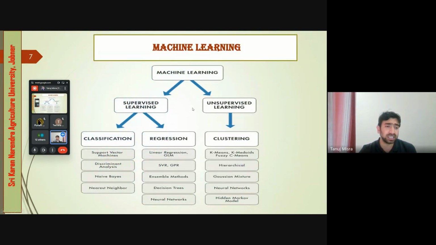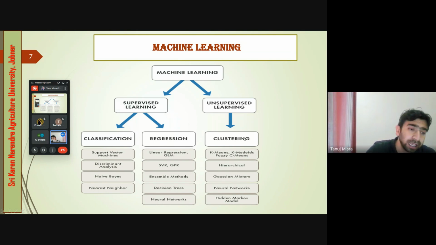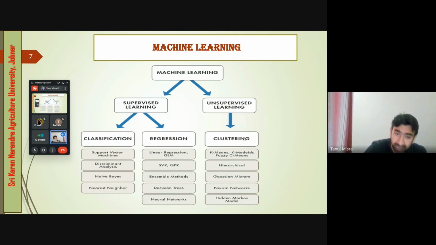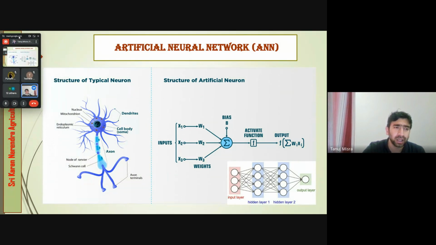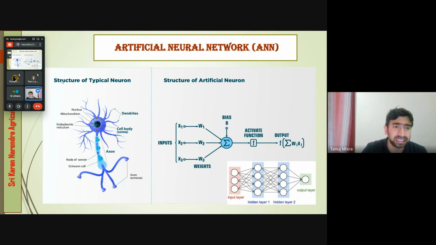So these are the basic technologies of machine learning: supervised learning, unsupervised learning. If someone is from a statistics background or biological background, maybe they have heard the terms supervised learning, unsupervised learning. I'm not going into the details of that. There are various technologies. So here the slide came, what I have already discussed. That's artificial neural network.